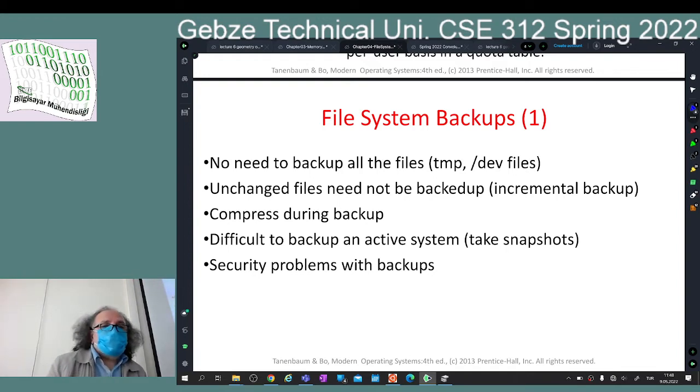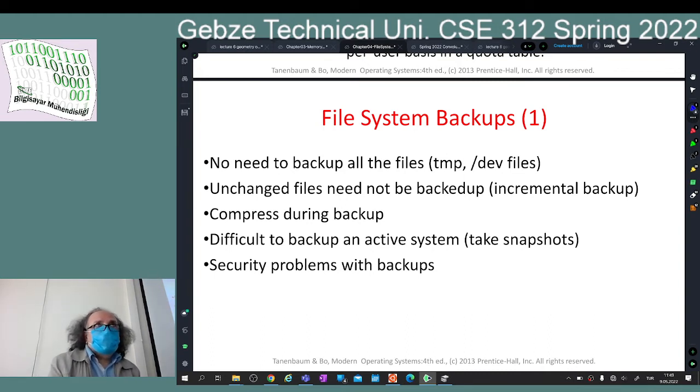You need to keep it valid all the time. So one way of keeping that data in a valid state is taking regular backups. Make a copy of your whole file system from time to time, and that will be a good solution. That's what we can do. Those are called file system backups.